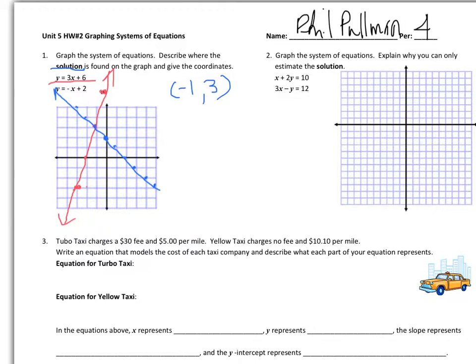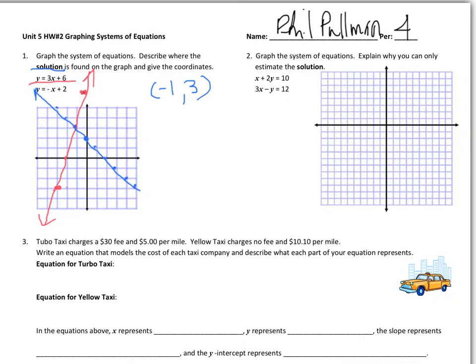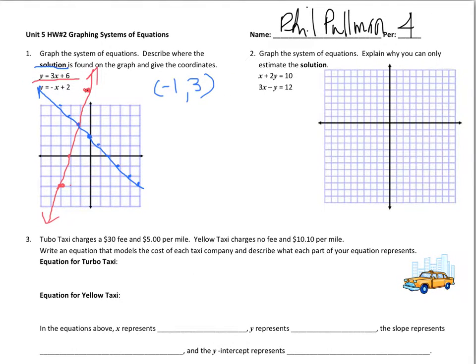You have to do the same thing for 2, but 2 is a little trickier, and I'll tell you why. The equations are not in the y equals mx plus b form, and you have to put them in there first to tell where you need to put your line.